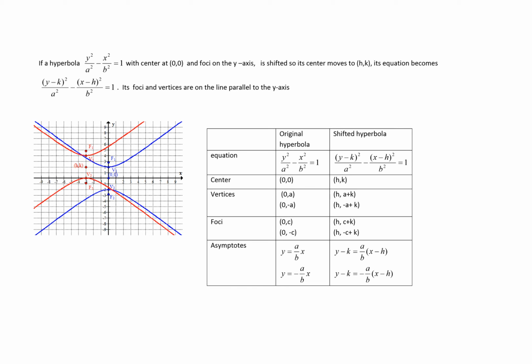But the approach is exactly the same. Once we determine values of h and k, we'll change the coordinates of vertices and foci accordingly, and the equations of the asymptotes are going to be changed in exactly the same way as the equation of the hyperbola.